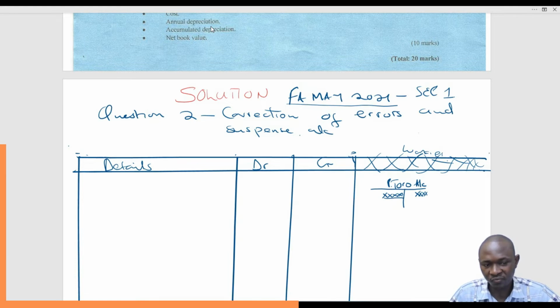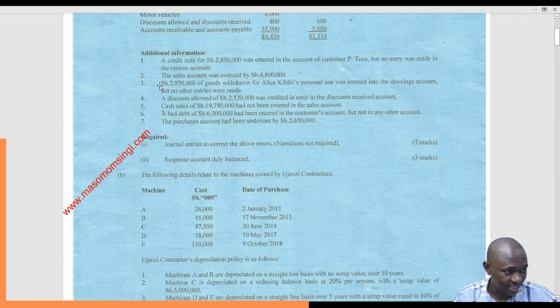Say he bought goods of 15 million. 15 million will be here, and then 2850 worth of goods was returned. So this is supposed to reduce the amount he owes the business. That's how it's supposed to be, and it has been done that way. The only problem in this statement is that no entry was made in the returns account.